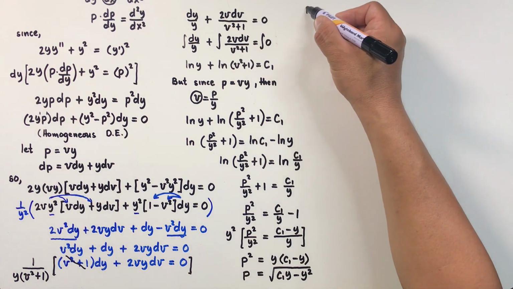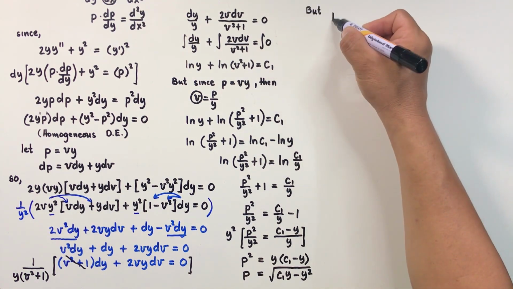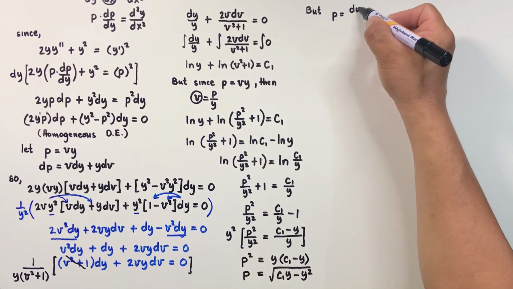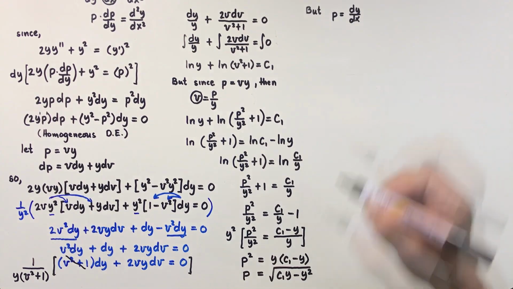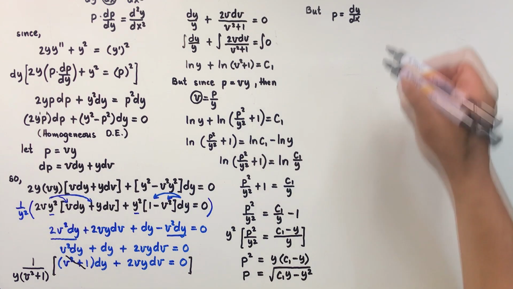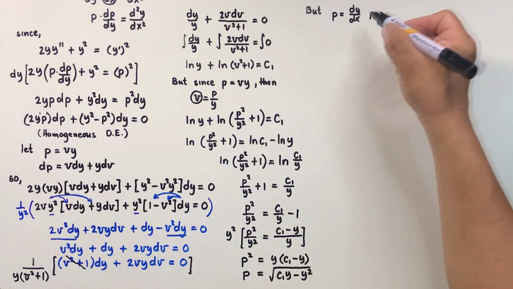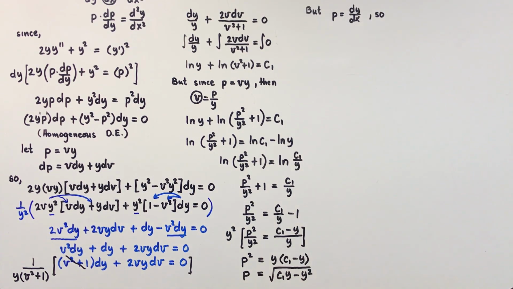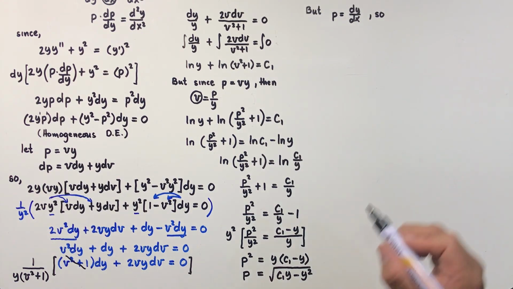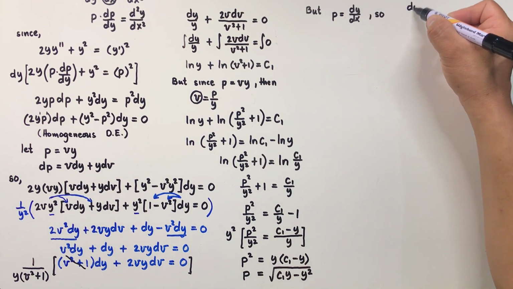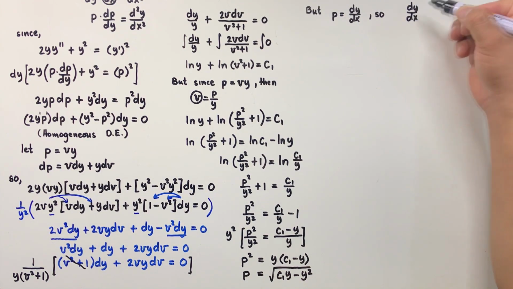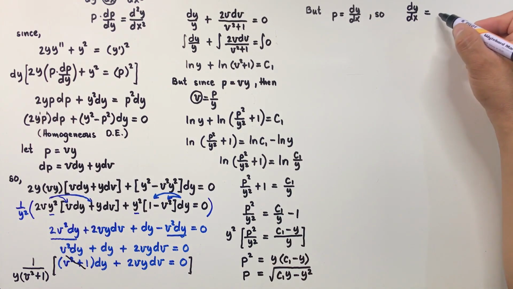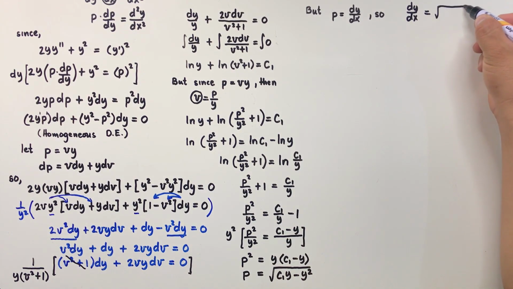But we know that our p is the derivative of y with respect to x. So we substitute this one to this equation. So we have dy/dx, which is equal to the square root of c sub 1y minus y squared.